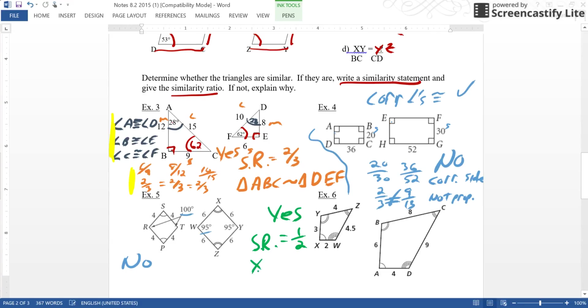So I could say W, X, Y, Z is similar to D, A, B, C. Okay, and because the corresponding sides are all proportional.